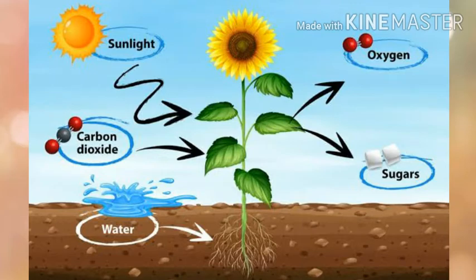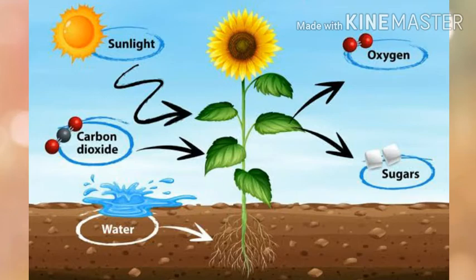Using the carbon dioxide and water, glucose is produced in the leaves. As a result of this chemical reaction, oxygen is also produced. This oxygen is released out to the atmosphere through the stomata. So the food which is produced during photosynthesis is glucose and the byproduct is oxygen gas.